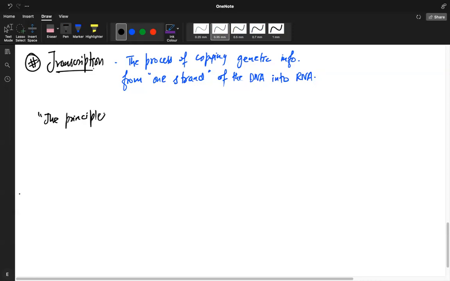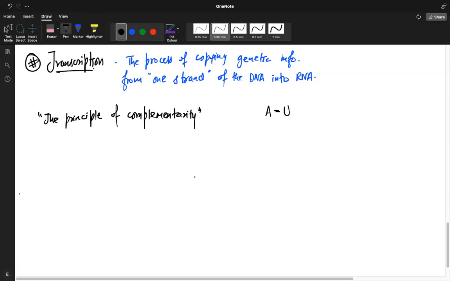Just like it governs replication, the principle of complementarity, base pairing, simply base complementarity, governs transcription. But the difference here is you do not have thymine. So A makes a double pair with U.